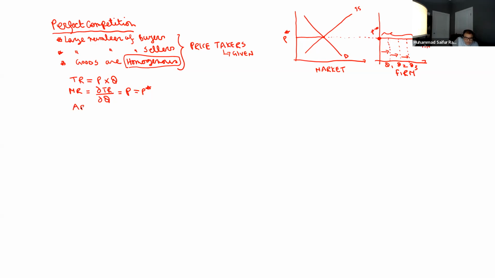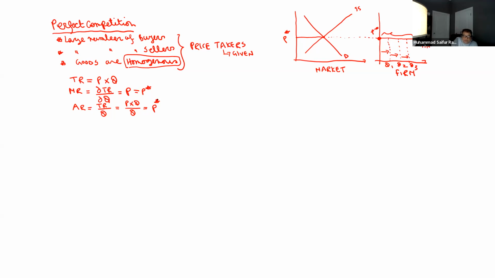The other one that we are going to look at is average revenue. So average revenue is total revenue divided by Q. And if you expand the definition of total revenue, which is P times Q, and you divide that by Q, you also find that your average revenue is equal to the price.